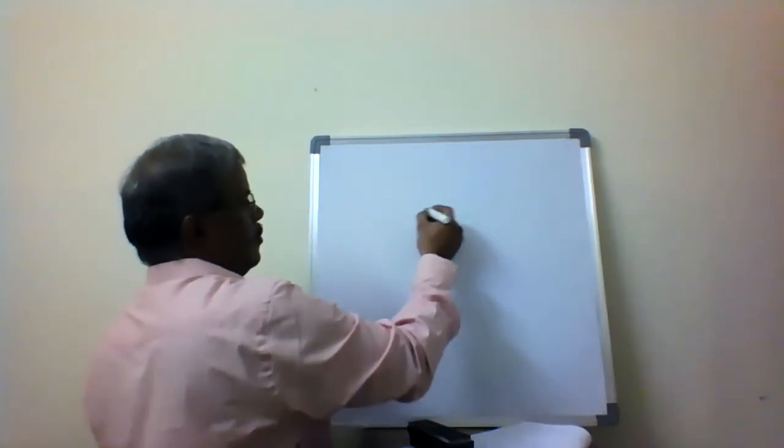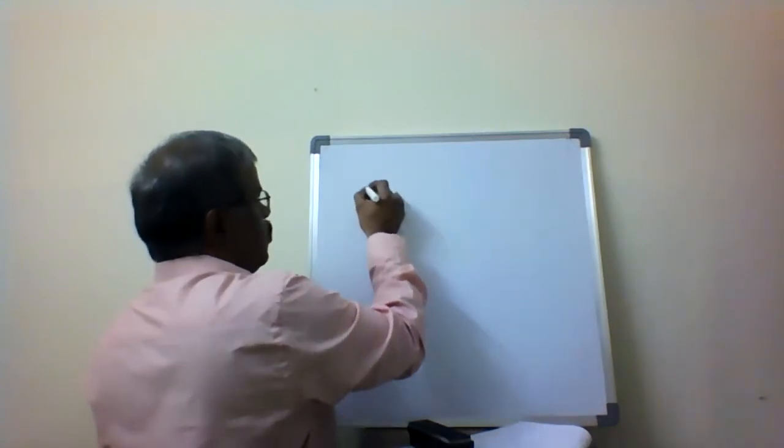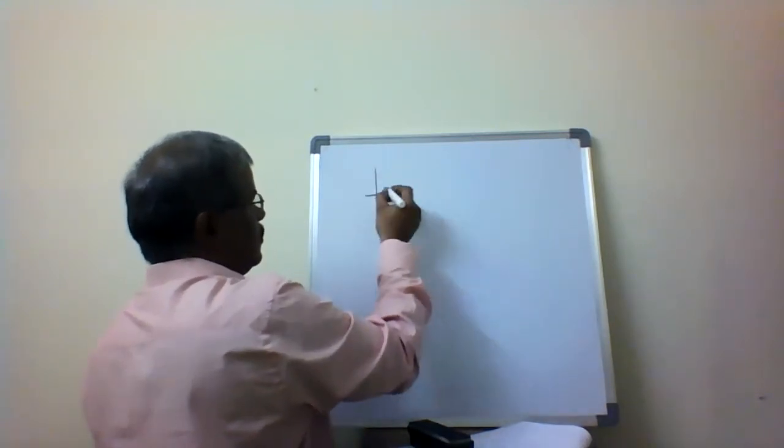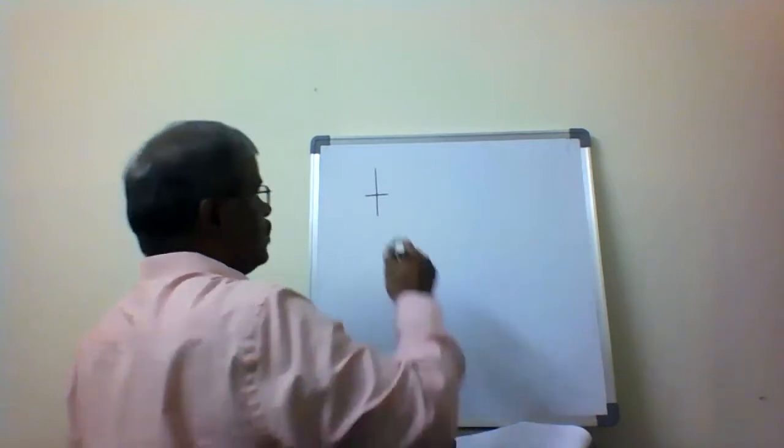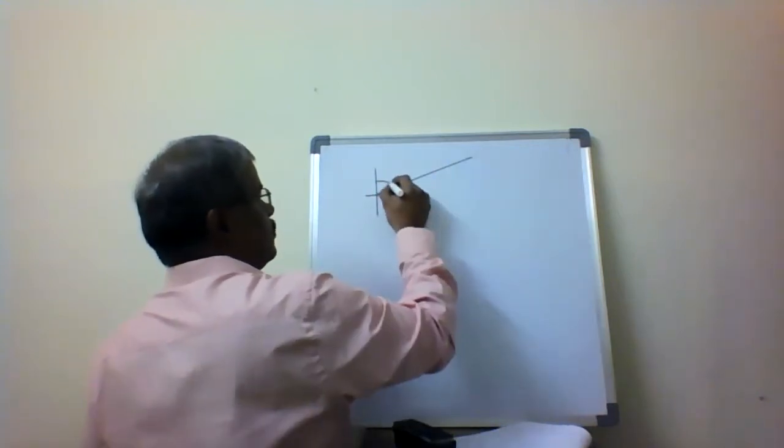Then your traverse is like this. 60 degrees 30 minutes.